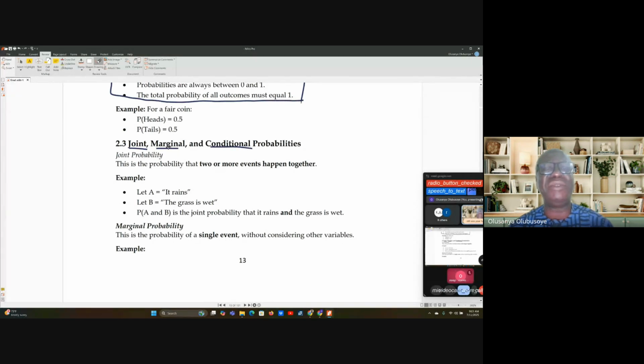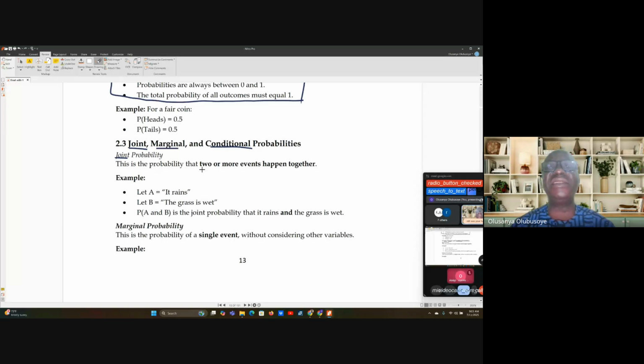So we will focus for now on joint. When we talk of the word joint, it means you are talking of a minimum of two events happening together.